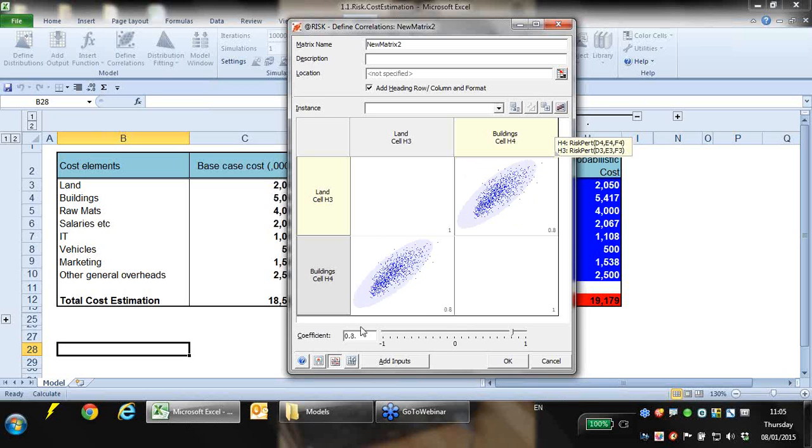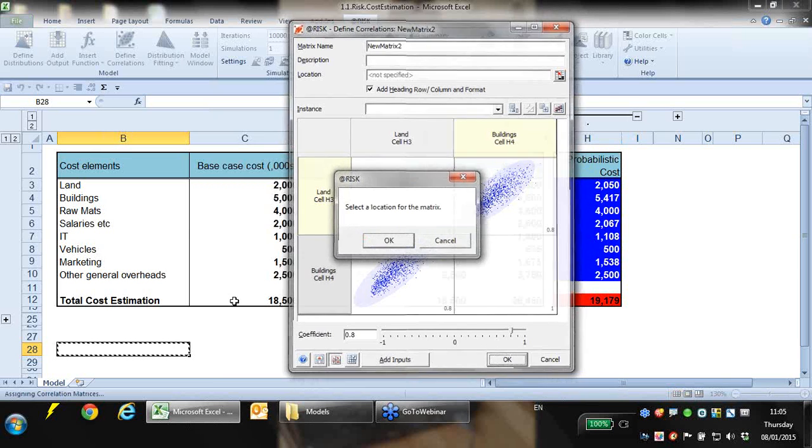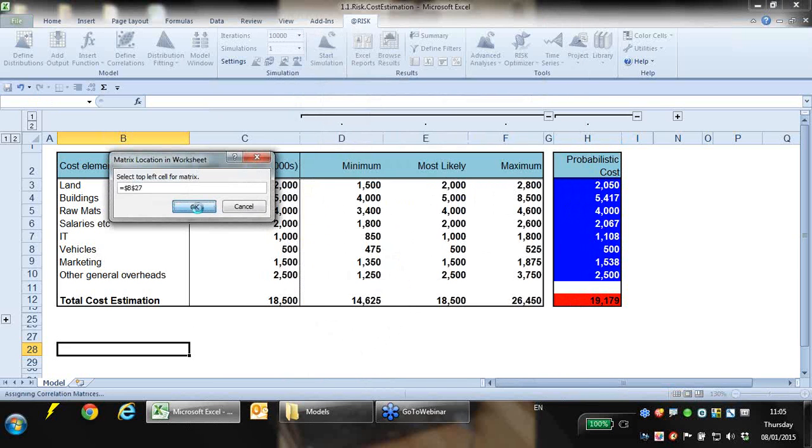And you can do various tests to see how much difference the different correlation coefficients make as well. But just to make it into more of a band thing rather than needing to get too worried. Of course, if you've got historic data, you could use something like the CORREL function in Excel to derive that. But I'm just going to say that this is where I want my matrix to be, down here.